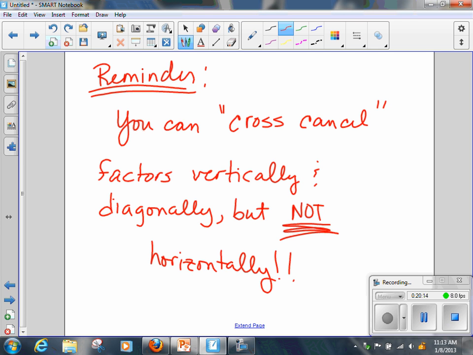You can cross-cancel factors vertically or diagonally, but absolutely not if they're side by side, right? Cross-cancel, that's our technical term that we're looking for.